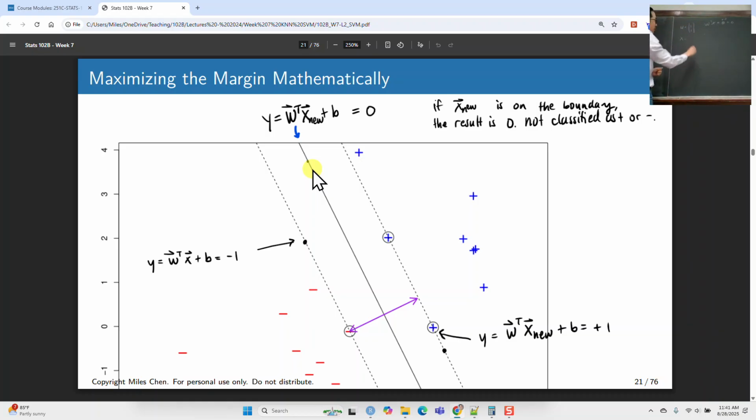I could put in X at 0, comma, negative 3, wait, plus 3, right? Yeah. So one possible set that would satisfy this would be 0 and negative 3, because W transpose X would be 1 times 0 plus 1 times negative 3 plus 3, or B, is equal to 0. So that works.